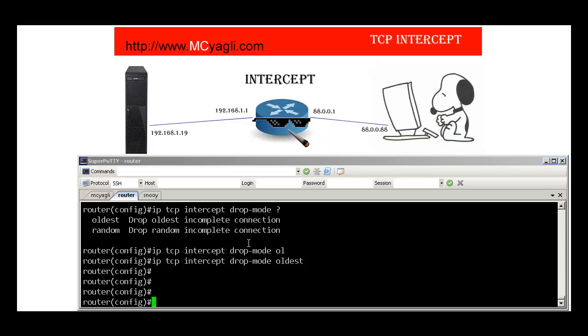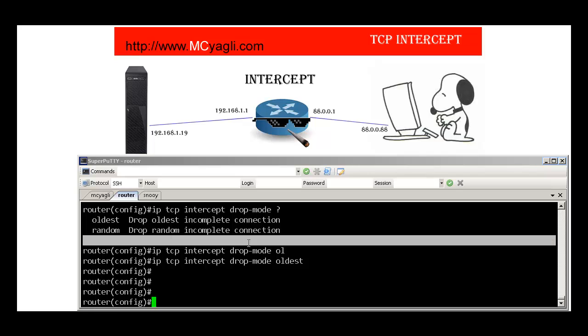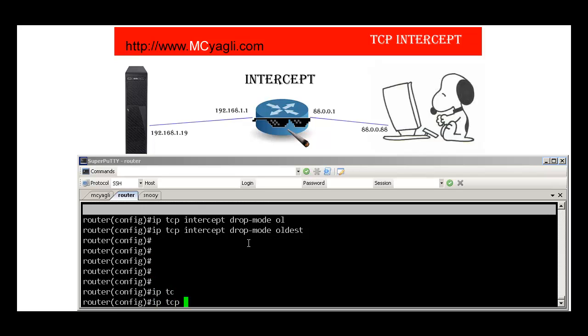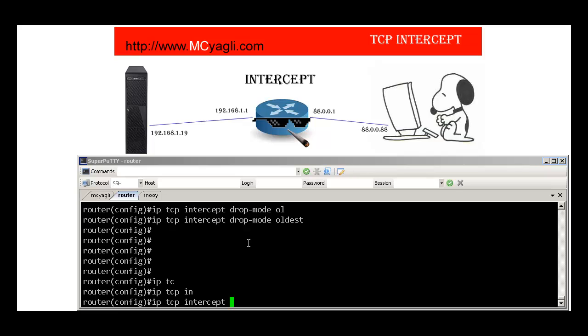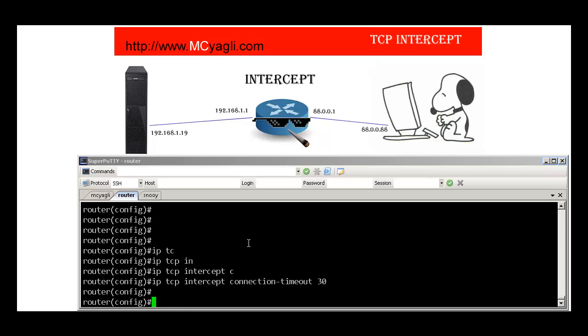Okay, so steps 5, 6, I think this is step 6. ip tcp intercept connection-timeout 30. So what does this mean?